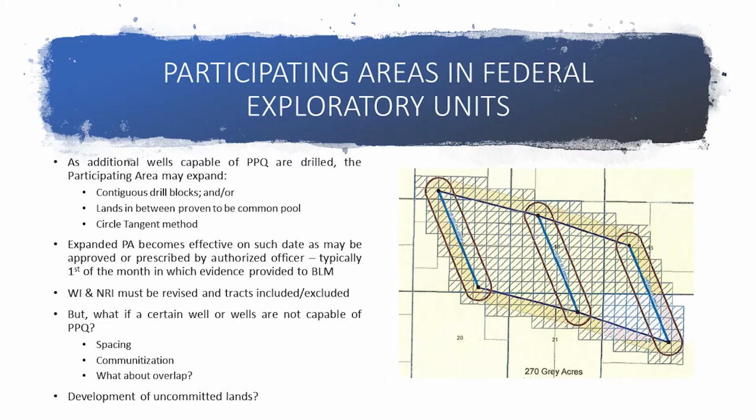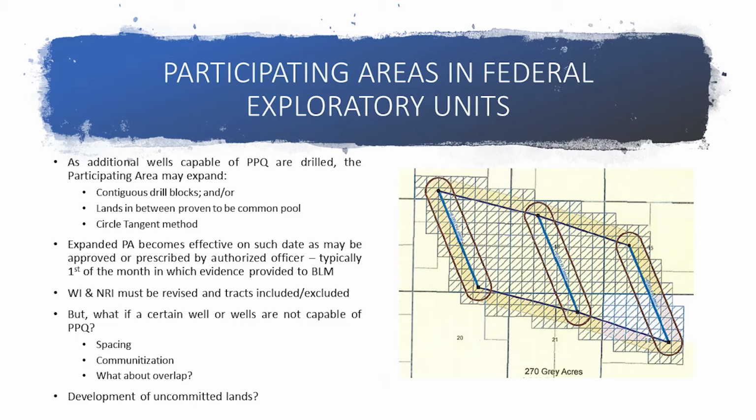What could happen in that situation is you might form a CA that the participating area overlaps, and we've seen a few instances of this. So then it's the question of, do you double pay the royalty owners in that quarter call, or how do you treat that? I don't have a 100% answer today, but it's something to be aware of, as you may run into an overlap situation in an unconventional development inside a federal unit.